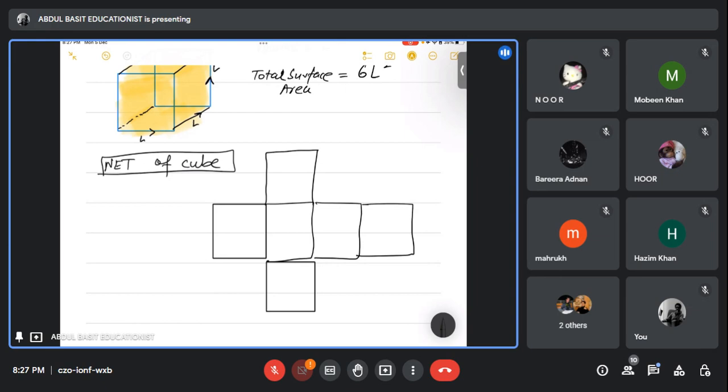Now there is a question: for example, the cube is open. Agree? For example, the cube is open from the top. So what would be the total surface area then? Come on, Hoor, Noor, Barira, Marokh, Arbab, Mubin.